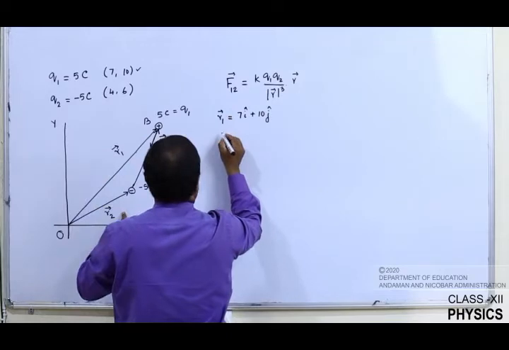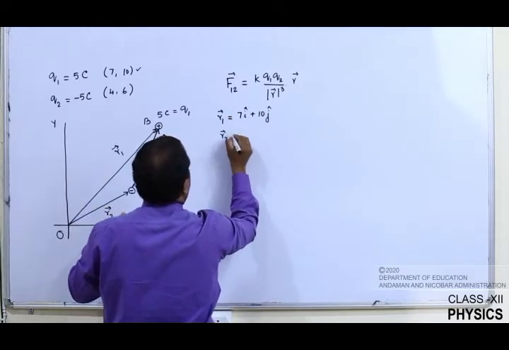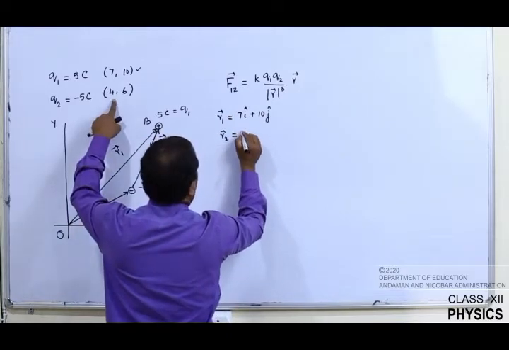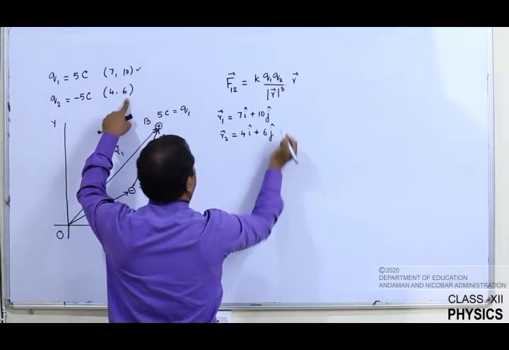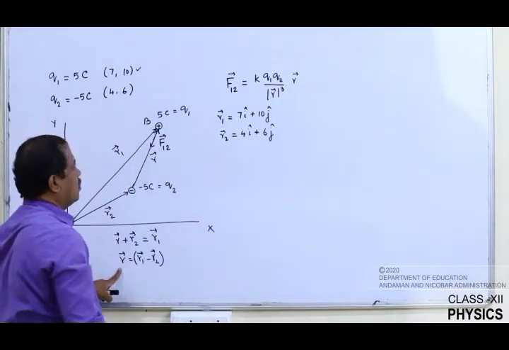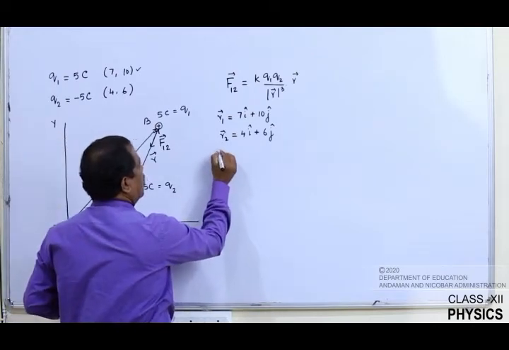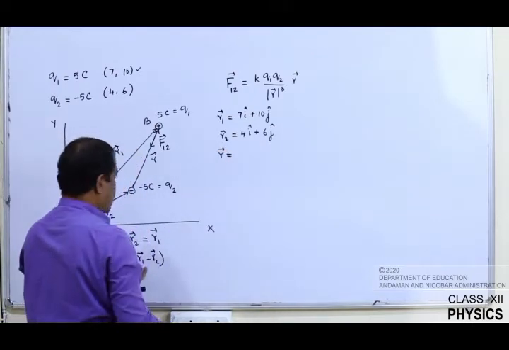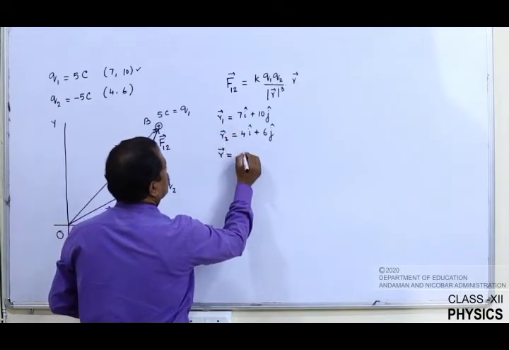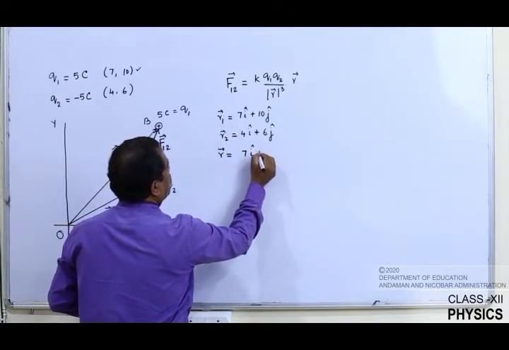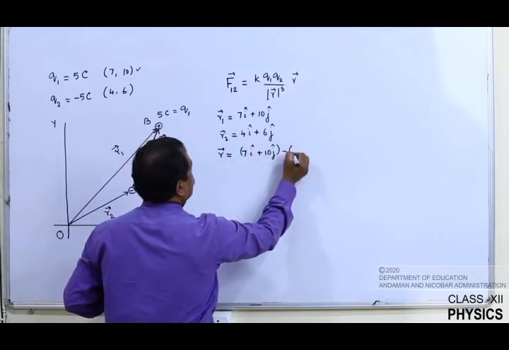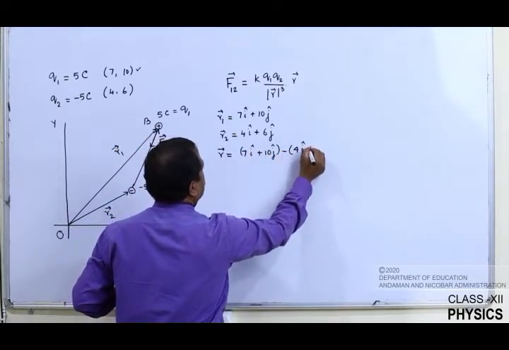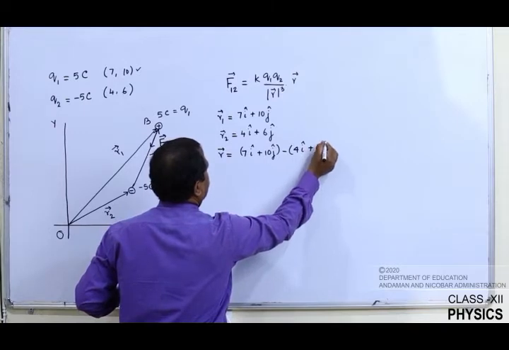And R2 is equal to 4 i cap plus 6 j cap. Now I can calculate R. R will be equal to R1 minus R2. So 7 i cap plus 10 j cap minus 4 i cap plus 6 j cap.